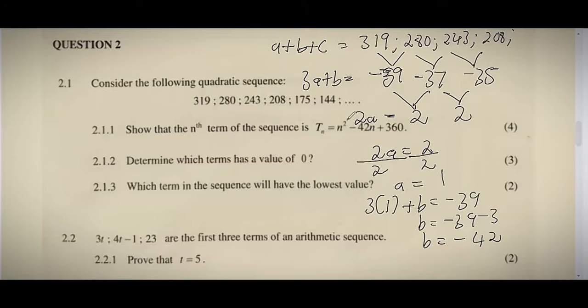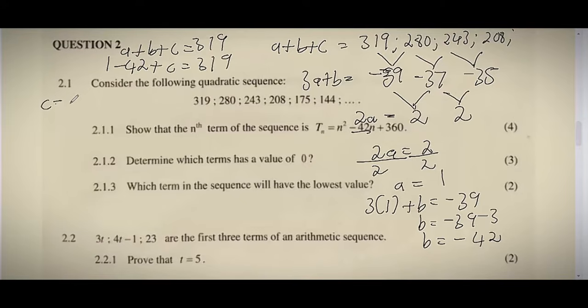So as you are solving, you are looking at this expression here, and then you can see that your a is 1 and then your b, yes, it's negative 42. So that means you are still on the right path. Then a plus b plus c is equal to 319. So what is our value for a? That's 1. And then we have b, it's negative 42, then plus c is equal to 319.